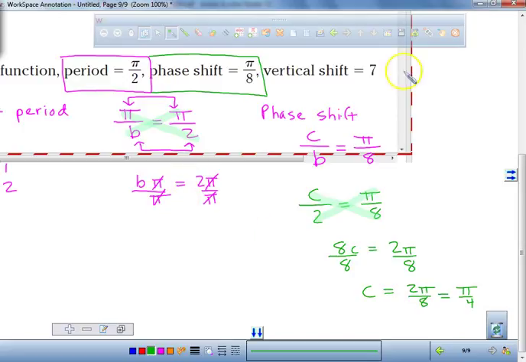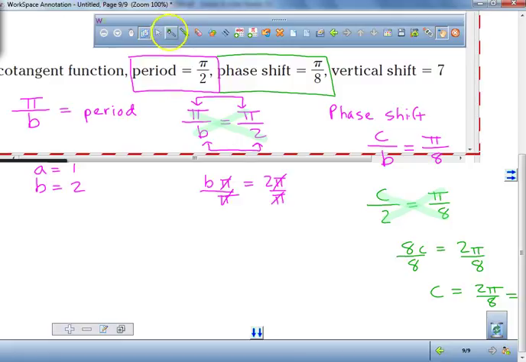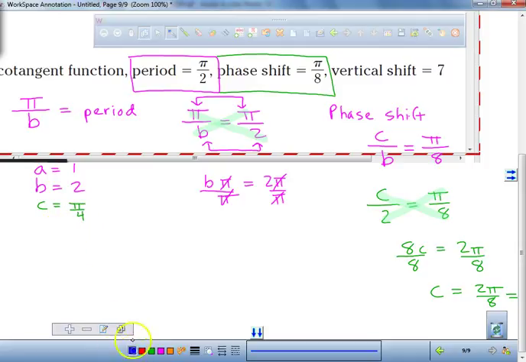So since I found my C value as pi over 4, I'm going to write C equals pi over 4. And then the easiest one is my D value, because my D value is whatever my vertical shift is. So if my vertical shift is 7, then I know my D value is equal to 7.